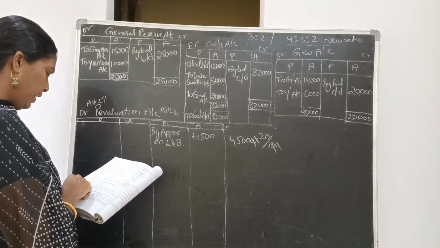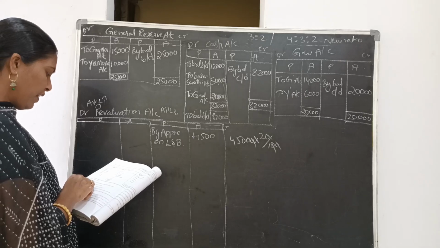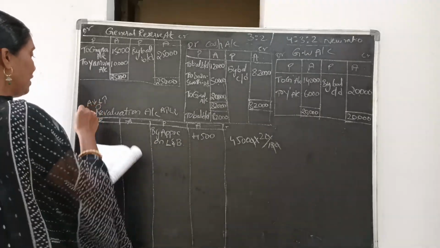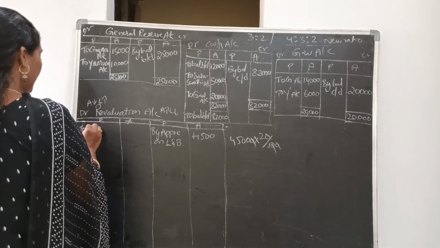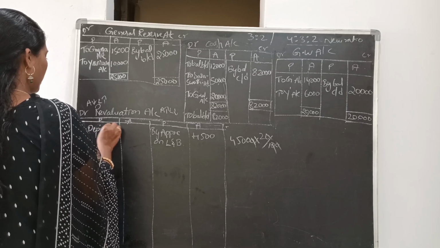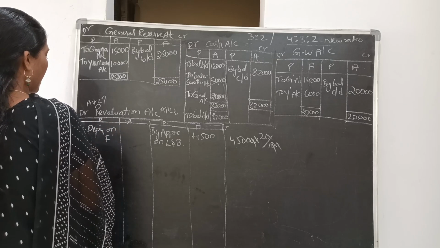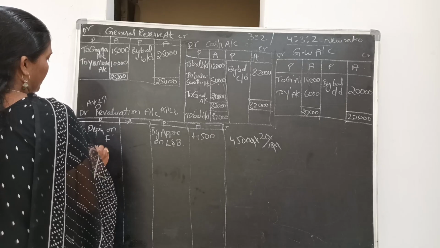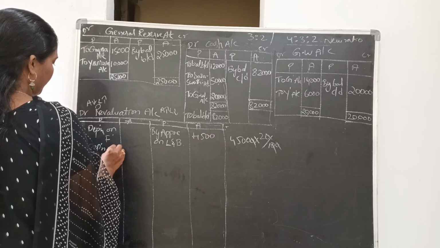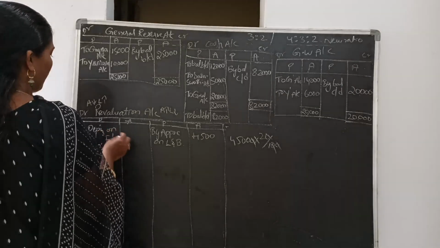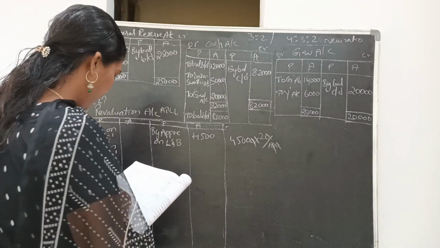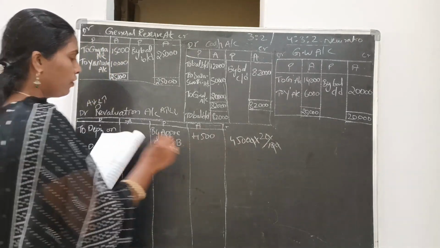Now furniture depreciated by 5% and stock by 10%. So asset is decreasing, so it comes on the debit side. So to depreciation on furniture and to depreciation on stock, I am writing in short form. First furniture 5%. What is the value of furniture?